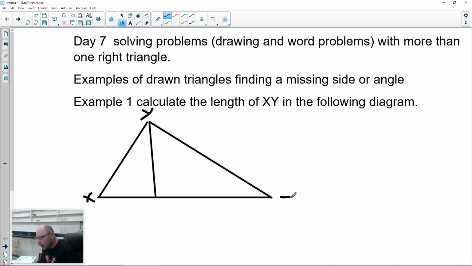And they say this is 20 degrees here. This is 22 degrees here. Okay. They say that this is a right triangle on both sides there. And this hypotenuse here is 8.4 centimeters.